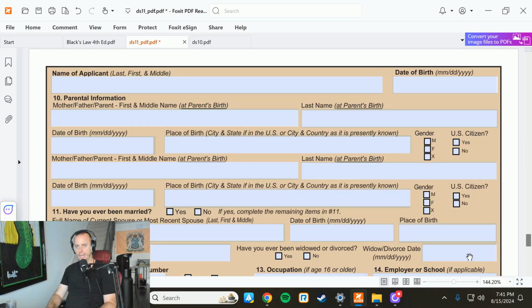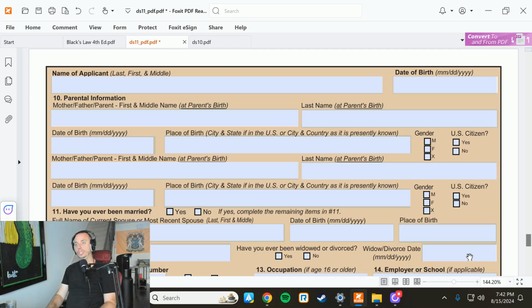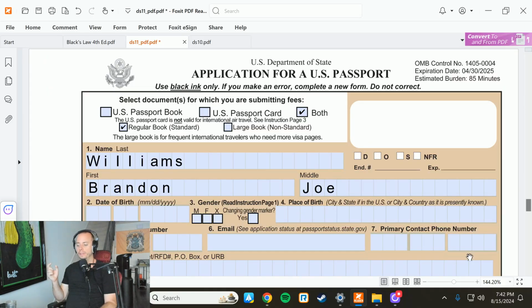We got a bunch of tan space. And at the bottom, it says please do not write below this line, for issuing office only, and it's in white, right? It's very obvious what you're supposed to fill out and what the passport office is supposed to fill out. I mean, it's tan, it's the whole thing, right? Now look at this upper right spot.